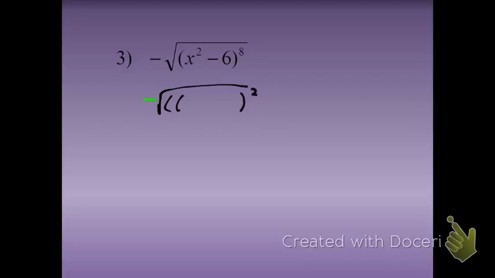You don't mess with the x squared minus 6 part. You just figure out what power should go here that, when you multiply those two powers together using your power of a power rule from chapter 5, gets you back to 8. So obviously that would be 4. So your answer is negative quantity x squared minus 6 to the 4th power.